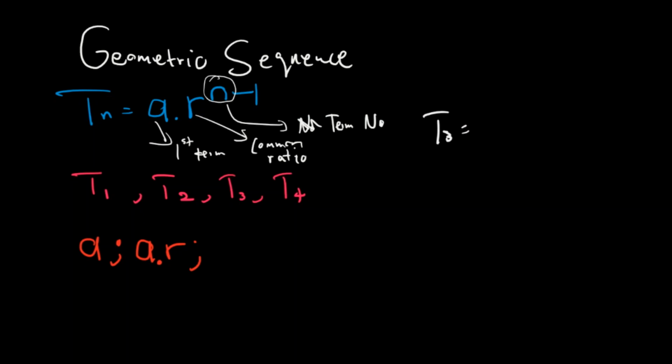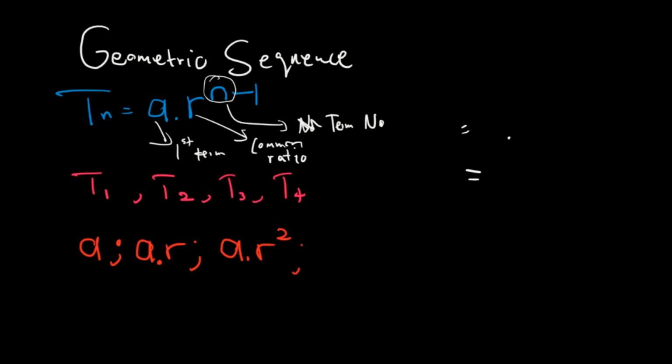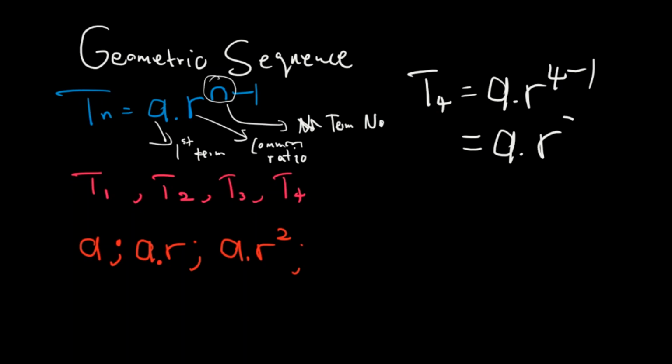And then term number 3, let me erase this. Term number 3 is a multiplied by r to the power of 3 minus 1, which is a multiplied by r to the power of 2, because 3 minus 1 is 2. And then term number 4 equals a multiplied by r to the power of 4 minus 1, which equals a multiplied by r to the power of 3.